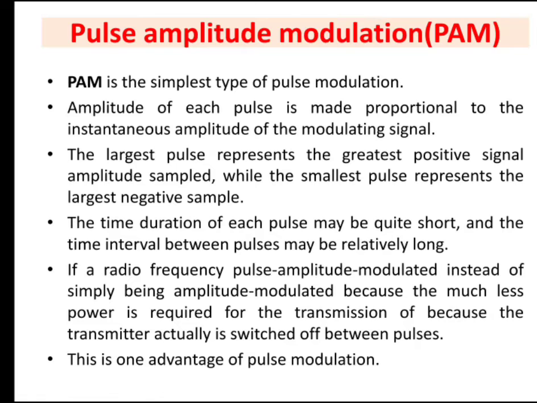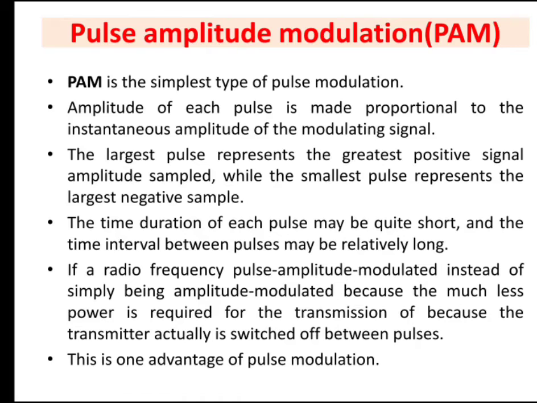That is, in the output of pulse amplitude modulation, the largest pulse represents the greatest positive amplitude of the sampled modulating signal, while the smallest pulse represents the largest negative samples. The time duration of each pulse may be quite short and the time interval between pulses may be relatively long.